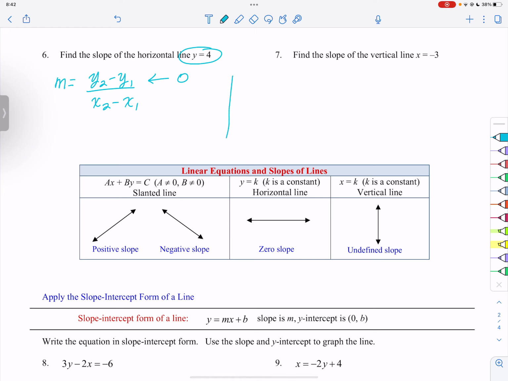For example, you might have points on this line 1, 2, 3, but y is 4. So when we subtract these y values, we have a 0 in the numerator. So here we have the slope is equal to 0 for horizontal lines.